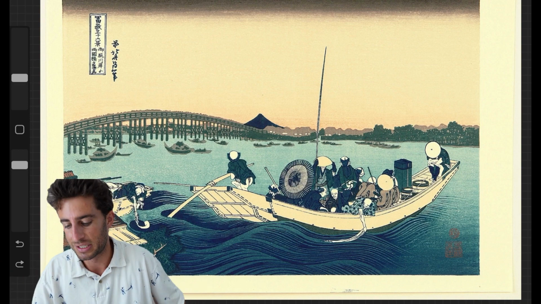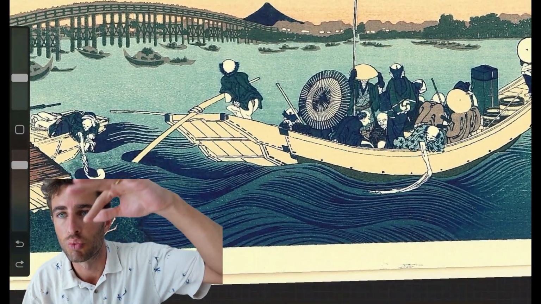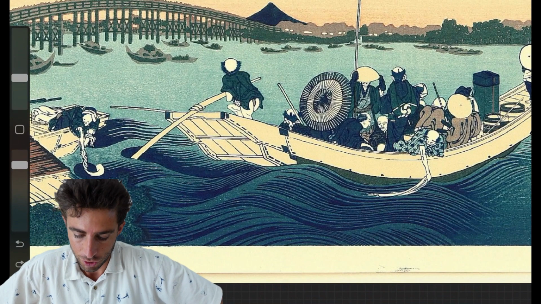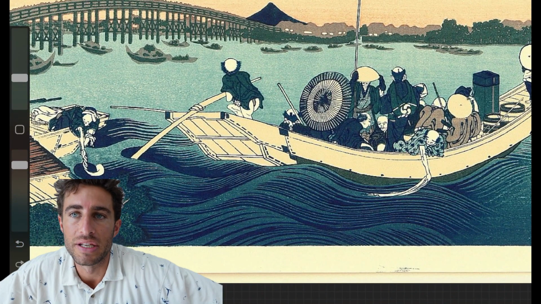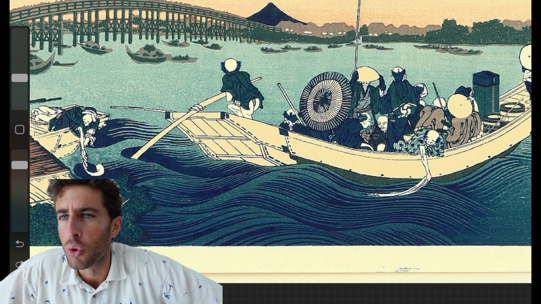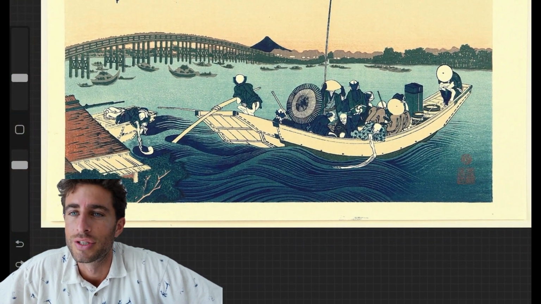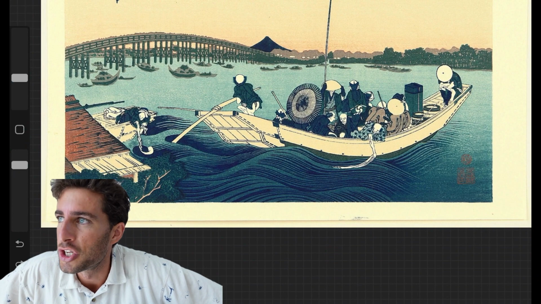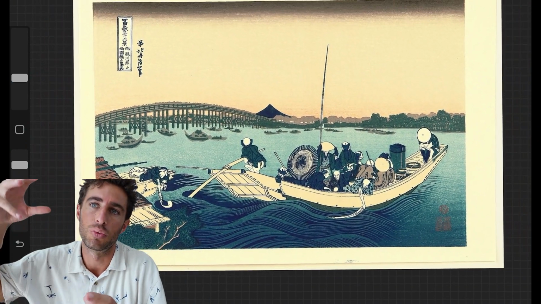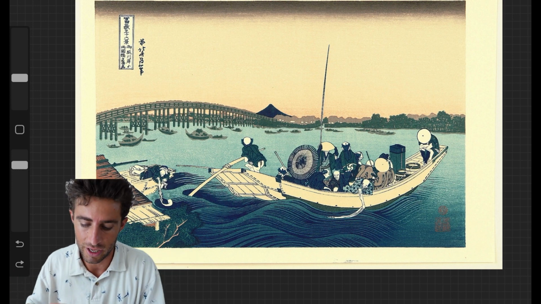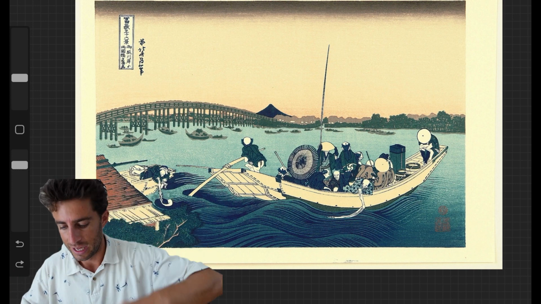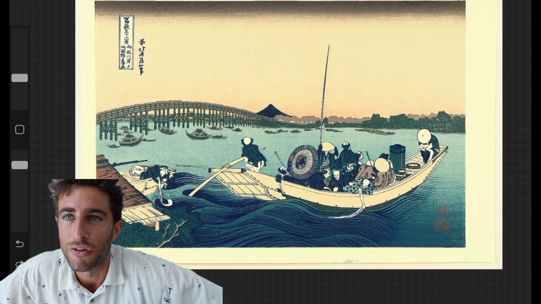The other thing I'd like to say is the way Hokusai has rendered water in the foreground is really nice. If you were to comb through all 36 of these images, the way he represents water is so interesting and so dynamic, because we know that iconic water and wave from the Great Wave, but here he's articulated a different type of water.